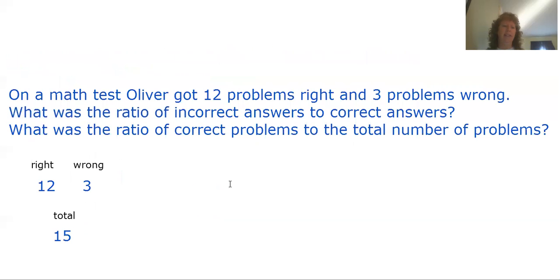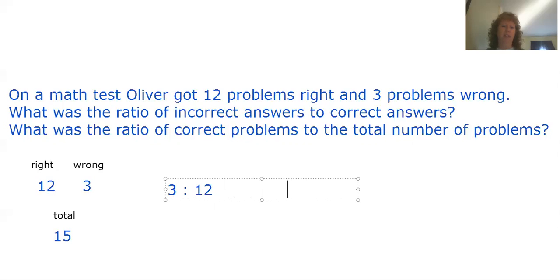And in this last question, on a math test, Oliver got 12 problems right and 3 problems wrong. What was the ratio of incorrect answers to correct answers? So I made a note that I had 12 right and 3 wrong. And if I need to make a ratio of incorrect answers, the number I had wrong, to correct answers, the number I had right, that would be 3 to 12.